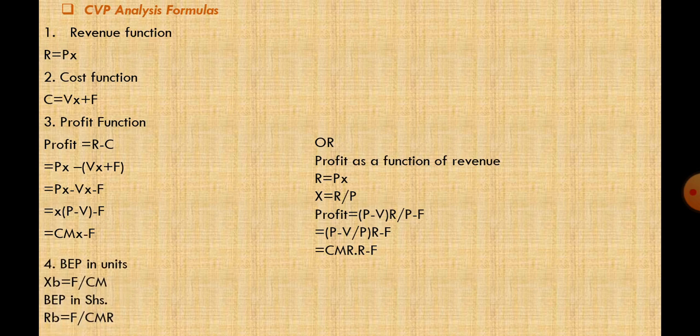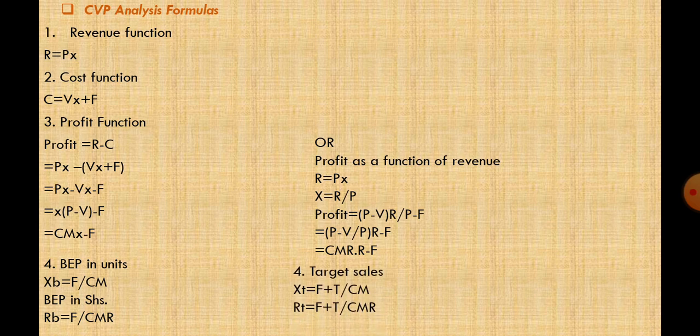The next formula is the break-even point in terms of units and shillings. In units, it equals the fixed cost divided by the contribution margin, whereas in shillings, it equals the fixed cost divided by the contribution margin ratio.